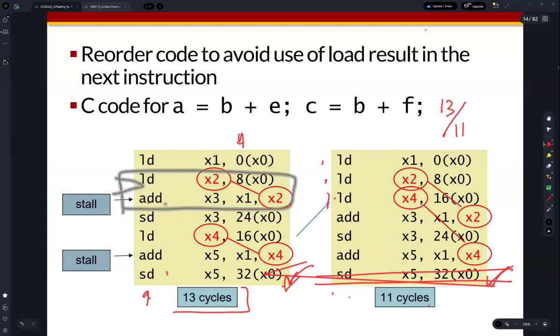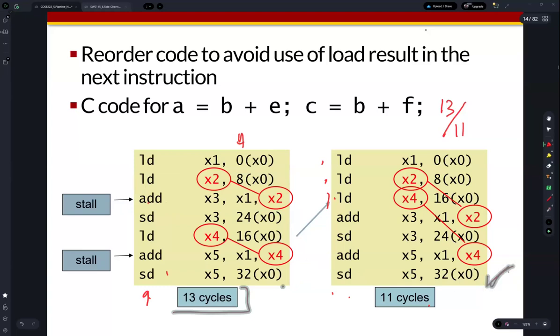So you may think that, oh, then we can resolve every data hazard using compiler optimization. But it's not true, right?